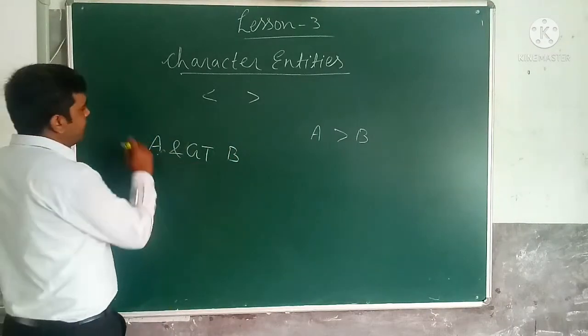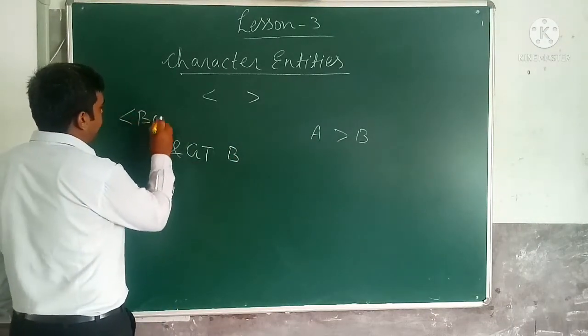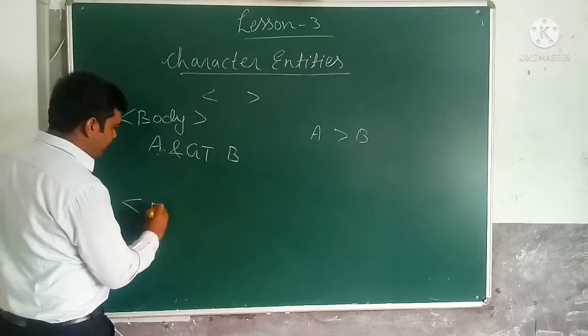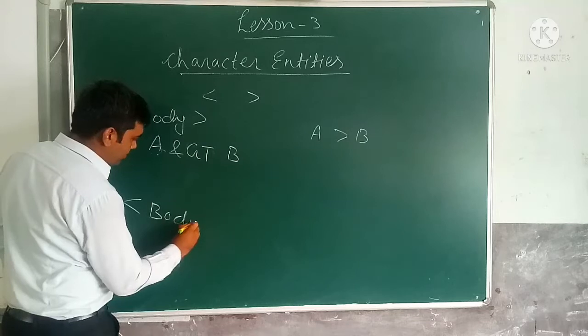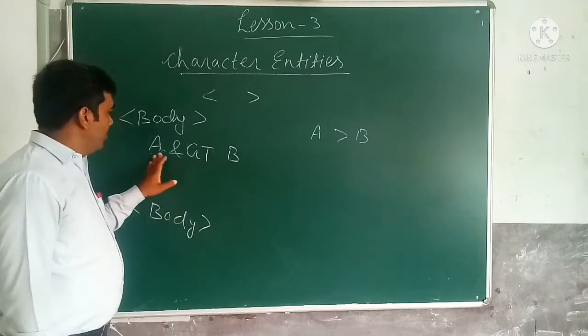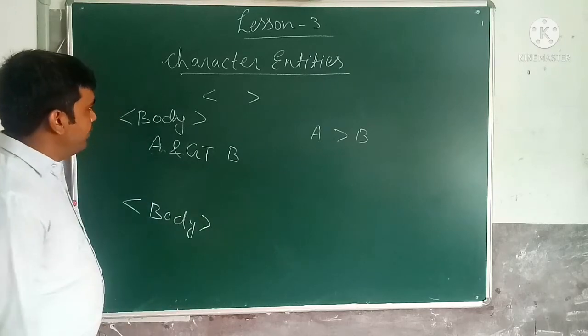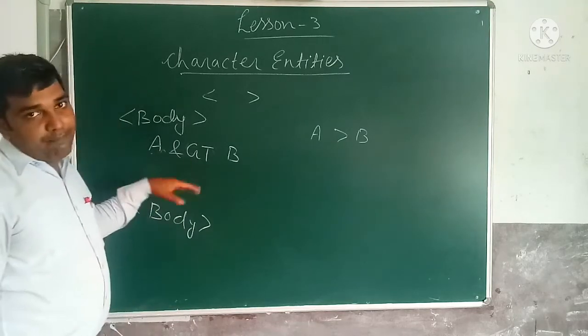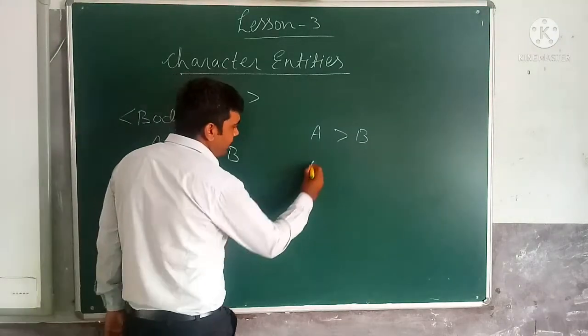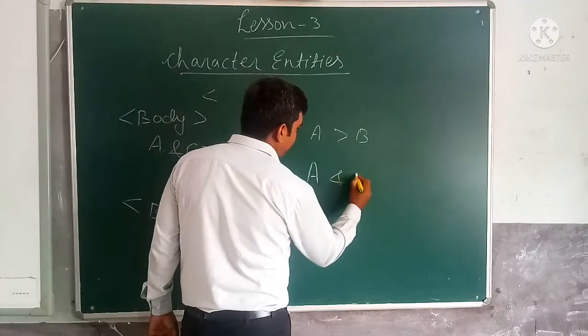Where are we writing this? Inside the body tag, between body open and body close, we write these character entities. Now, if you want to write the ampersand symbol itself, how do you write it?